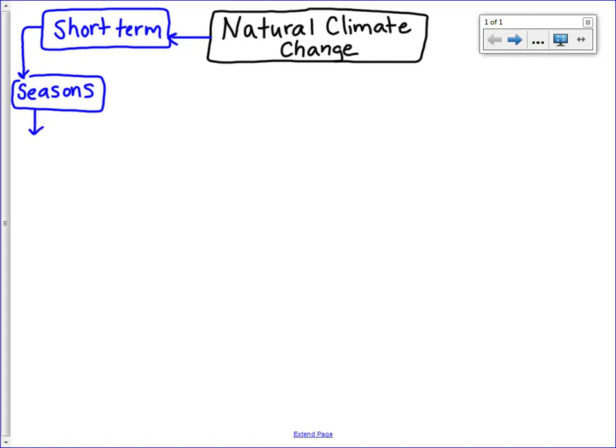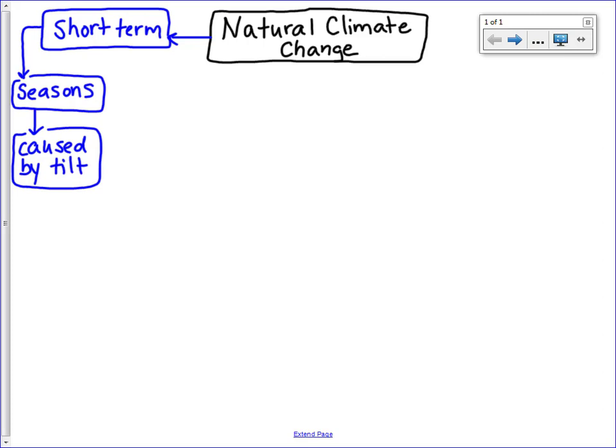But for today, we really just need to know that these are caused by the tilt of the Earth's axis. Whether our hemisphere, we are in the northern hemisphere, is tilted towards the sun or away from the sun, or neither, the seasons are caused by the tilt of the Earth's axis.